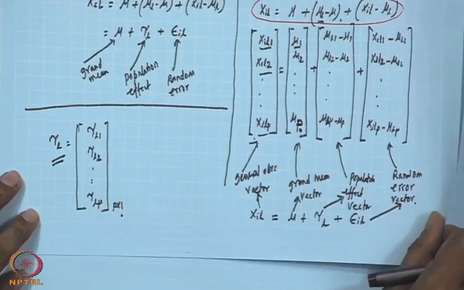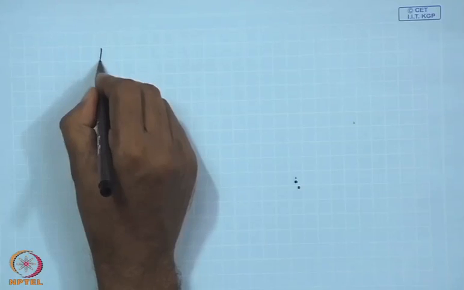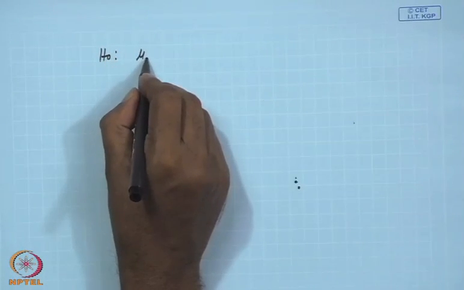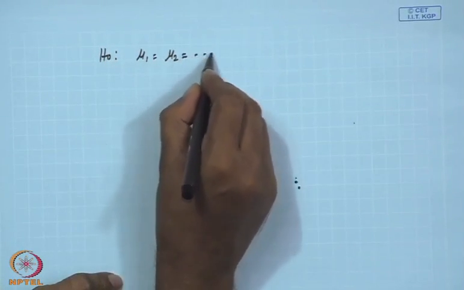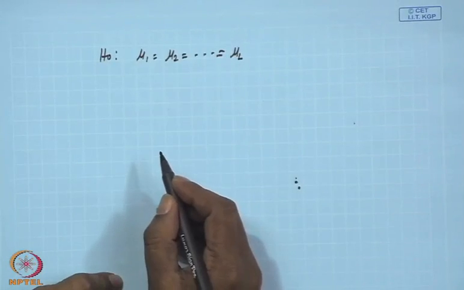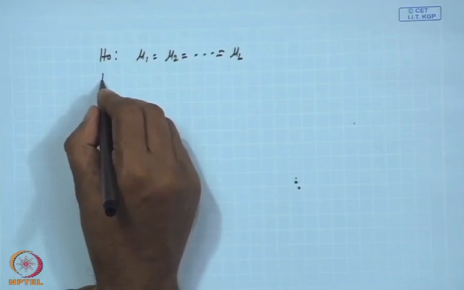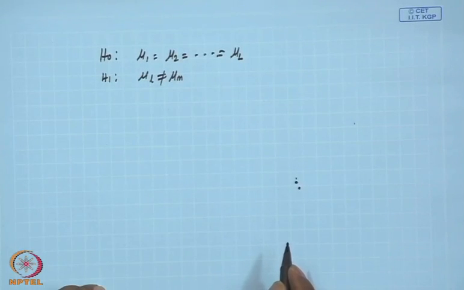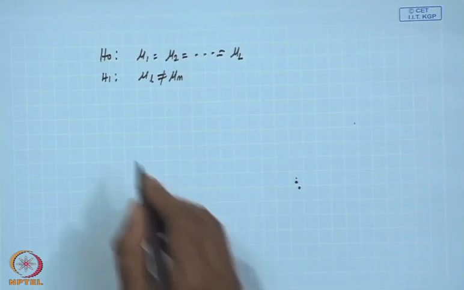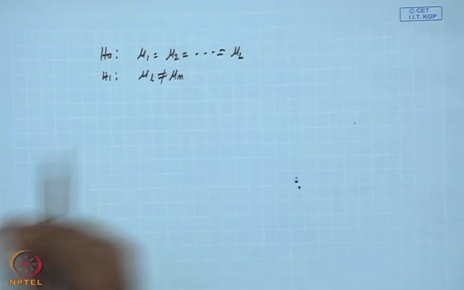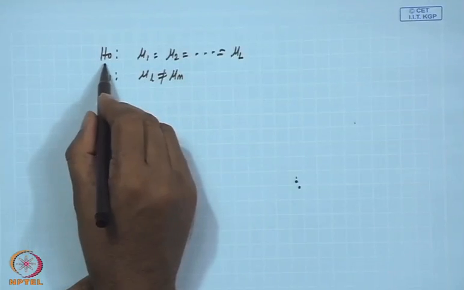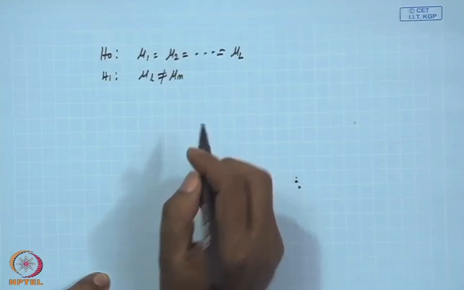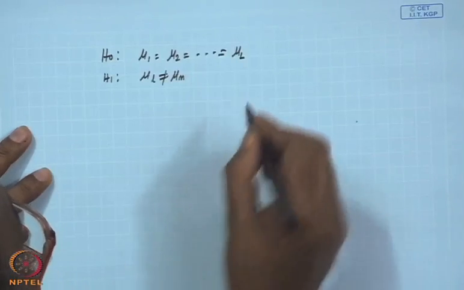Okay. So, if we frame our hypothesis like this, that H0: mu 1 equal to mu 2 equal to mu L, and H1: mu L not equal to mu M for at least one pair L, M, then using this tau L concept, you can find out the null hypothesis also.